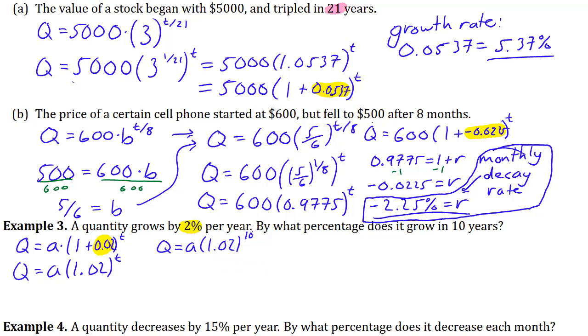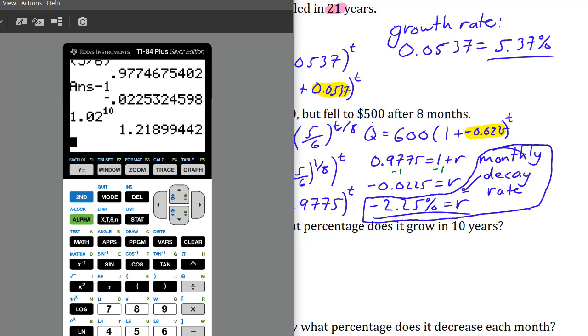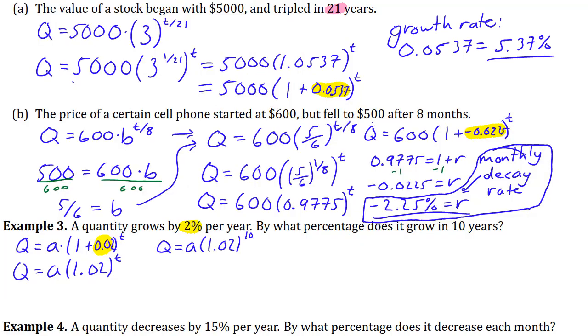And see how is that going to be different from whatever the starting value was, a. So with a calculator, we can do 1.02 to the power 10. It comes out to be 1.219.